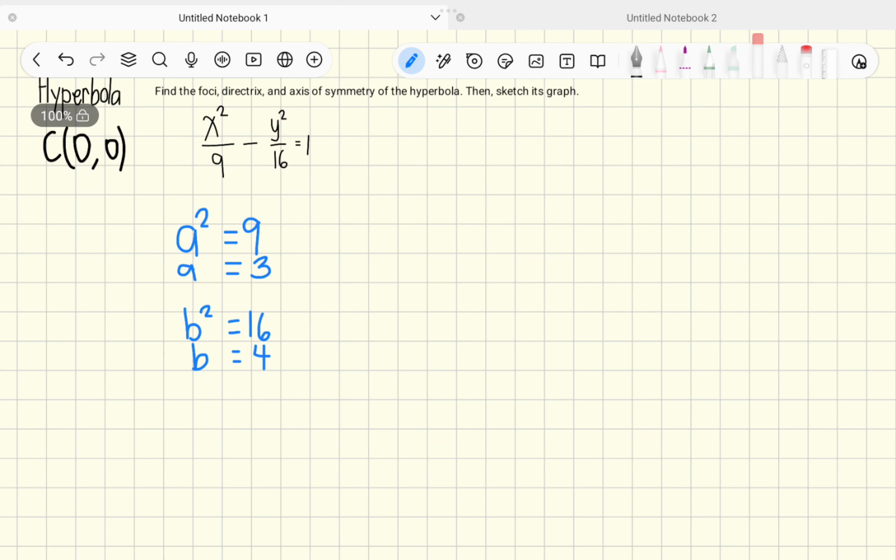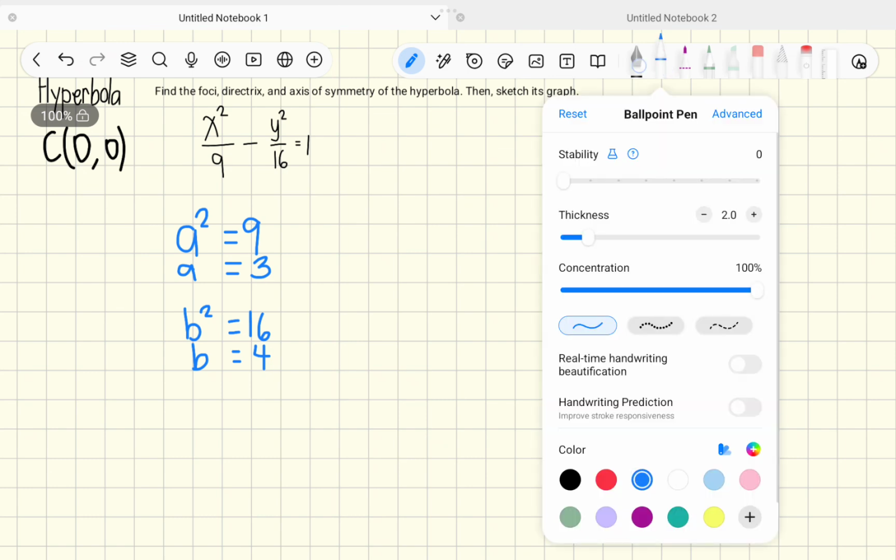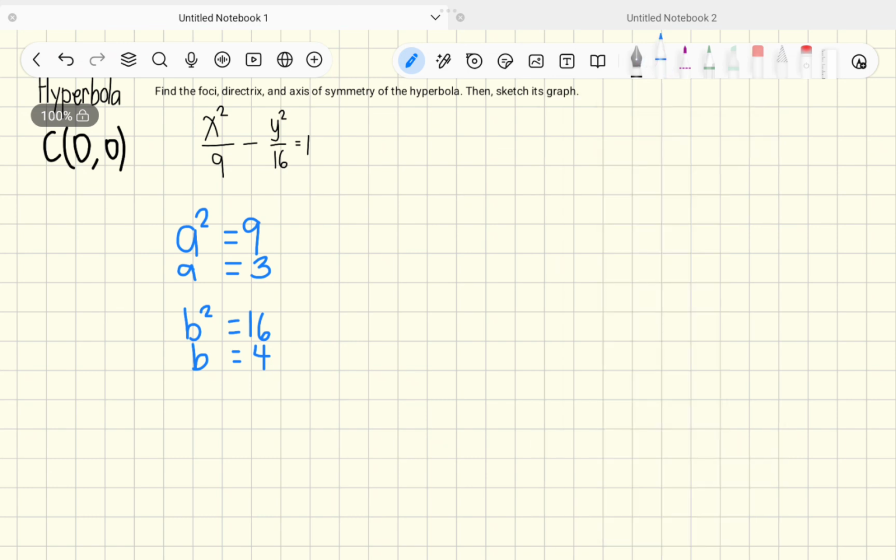So c squared will then be equal to a squared plus b squared. You have 25. So c is equal to positive or negative 5.